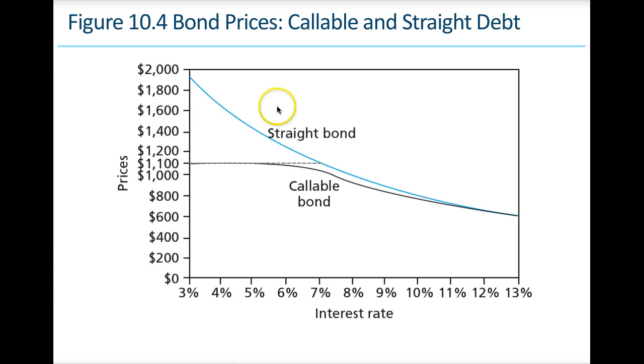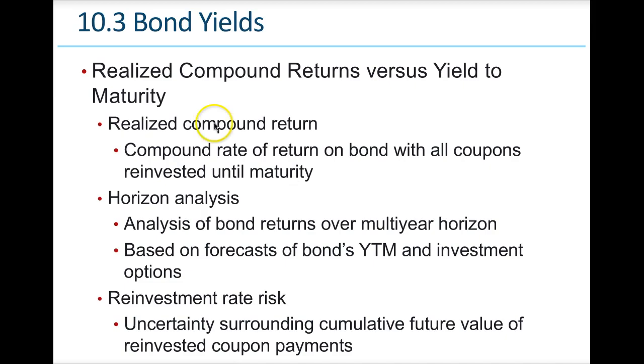If we look at the callable bond, as far as the pricing and the interest rates, a straight bond is going to have a more predictable curve, where a callable bond is going to have a different path in how it's reflected in the price because of that call feature.